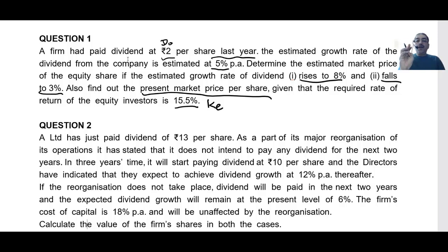What are the three things? Current market price with cost of equity 15.5. Then what is the market price if the growth rate is 8%. Current market price with 5%. Then if the growth rate increases to 8%, then what? If the growth rate falls to 3%, then what? So there are three parts to the question. Understood? Let us see how to solve now.